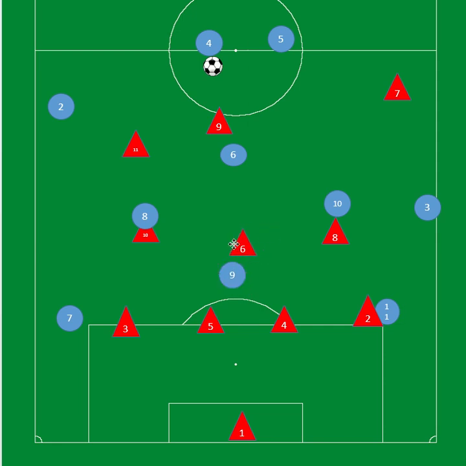We maintain our vertically compact and horizontally compact here in this half. So we're getting more and more compact. We're still pressing in threes. We're still doing all the other things we've been doing defensively all the way up to this point.